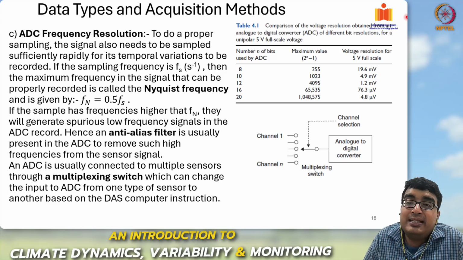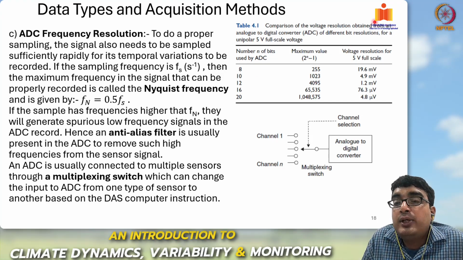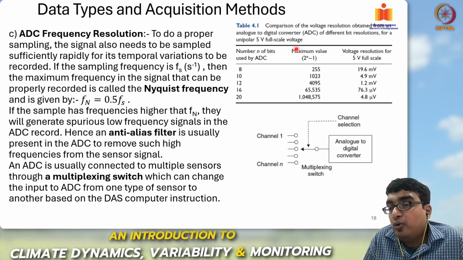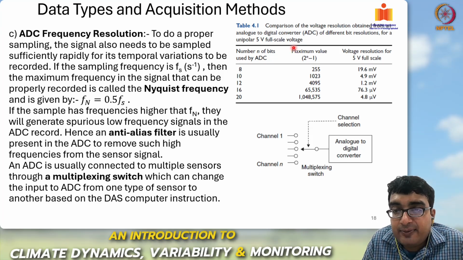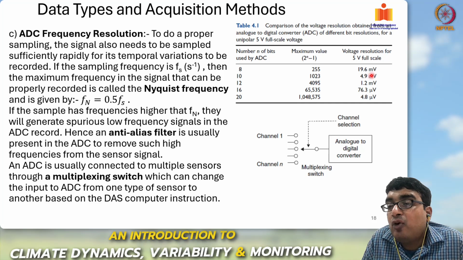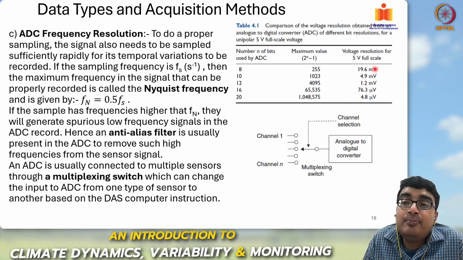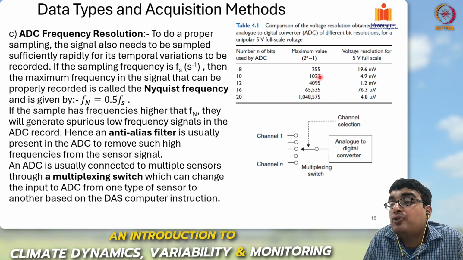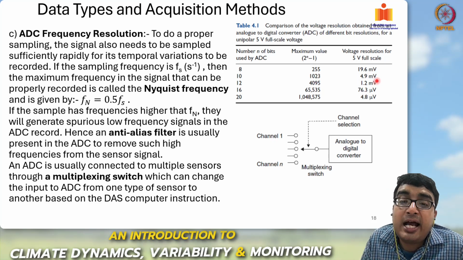Okay, so if you see the table here, we are looking at the voltage resolution of the ADC for different resolutions. The full scale range is 5 volts, so it's 0 to 5, V span is 5. If an 8-bit ADC is used, maximum value is 255, so 5 by 255, voltage resolution is 19.6 millivolts. 10-bit, maximum value is 1023 values it can store, so the voltage resolution becomes 4.9 millivolts.